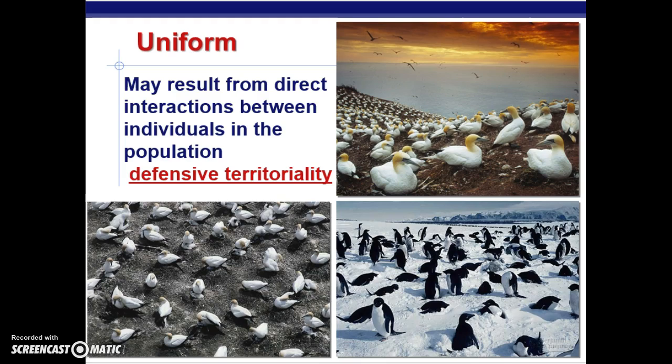When we're talking about plants being uniformly dispersed, you can begin to wonder, well, how does that happen? How does defensive territoriality work with plants? And actually, it does make a lot of sense because plants need a certain amount of nutrients that they can get from the soil. They need access to sunlight.